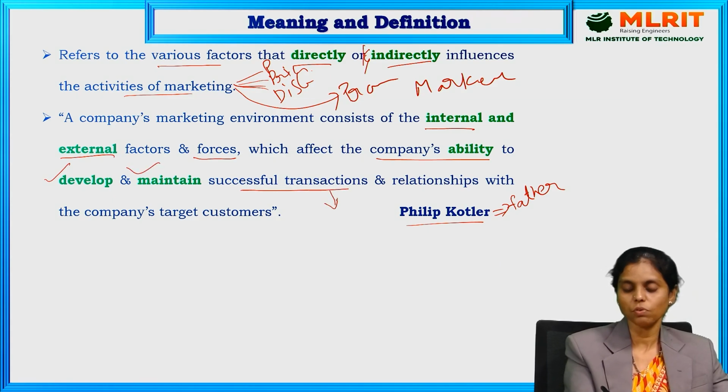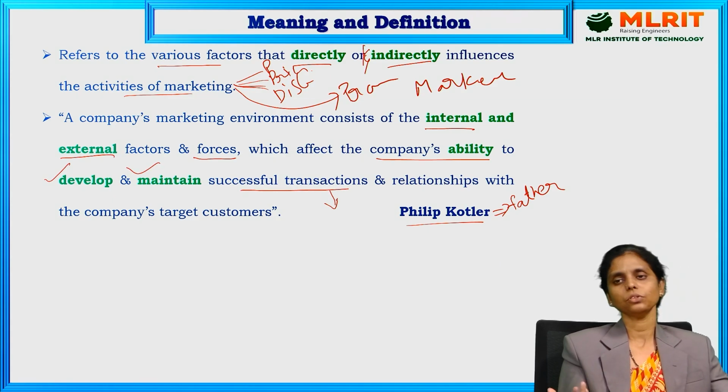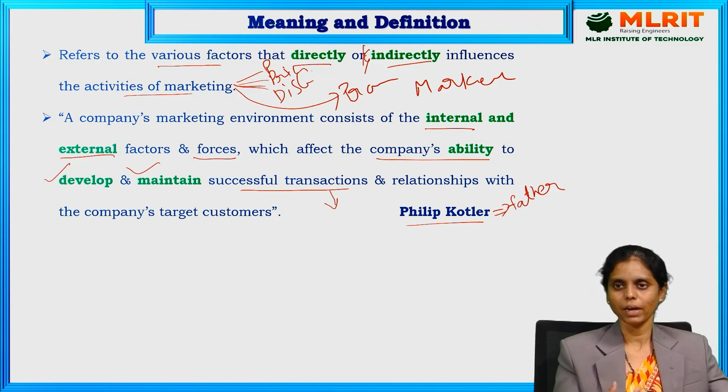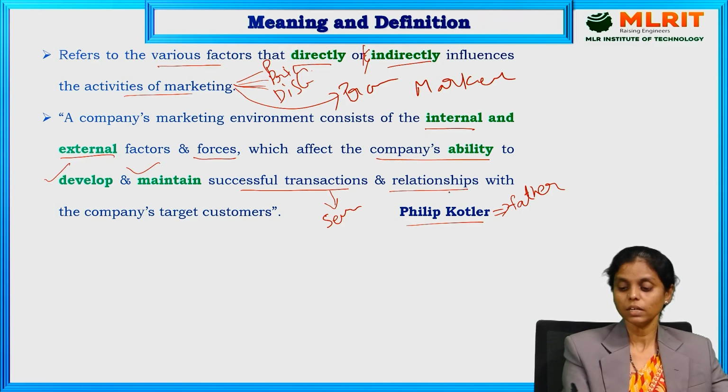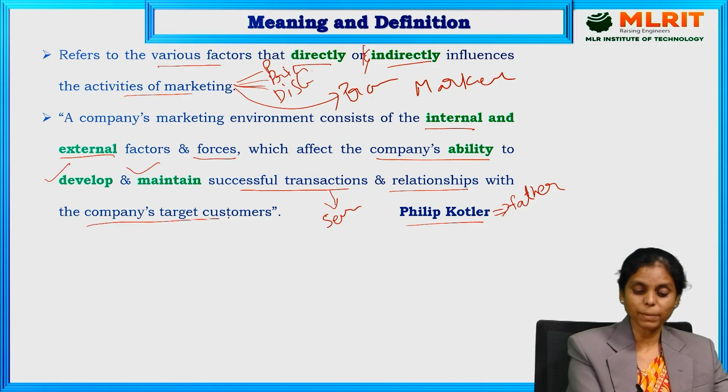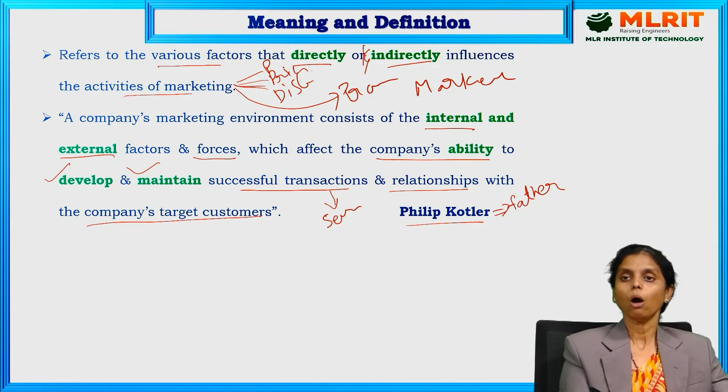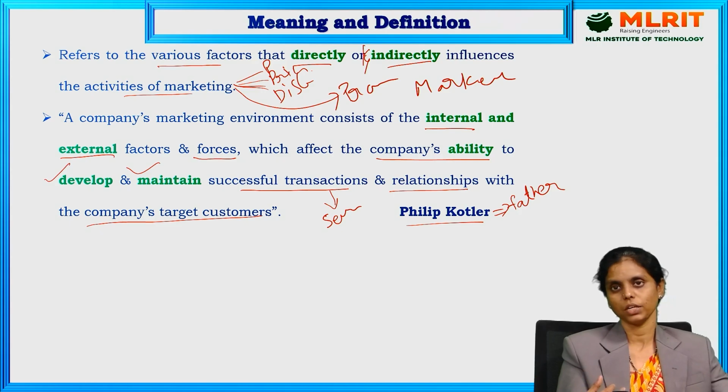What is a successful transaction here? Like exchange of goods and services. With respect to marketing, a successful transaction means selling a product to the customer, or conducting any marketing activity. At the same time, it also influences the relationship with the company's target customers, how effectively we need to maintain it, or how we need to change our relationship with the customer.